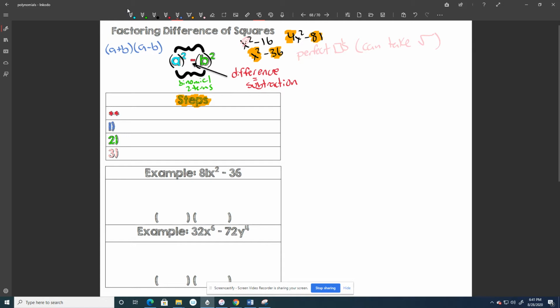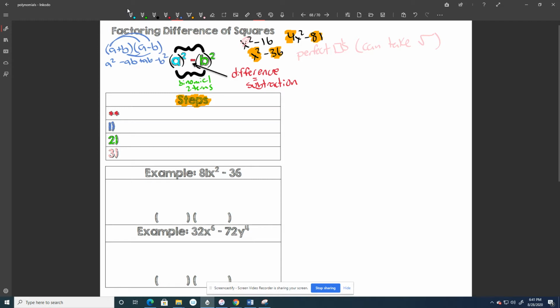Now, the reason this works, just to show you what's happening, if I FOIL, a times a is a squared, a times negative b is negative ab, b times a is a positive ab, and b times negative b is negative b squared.